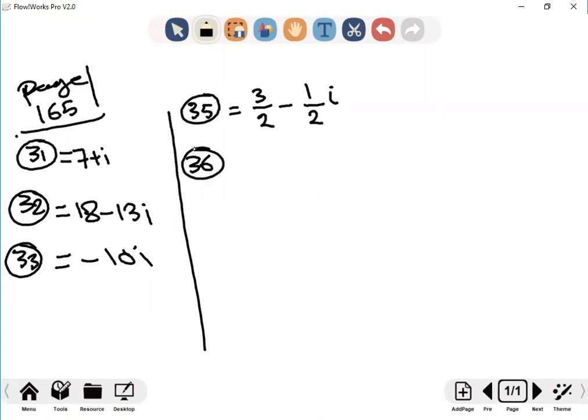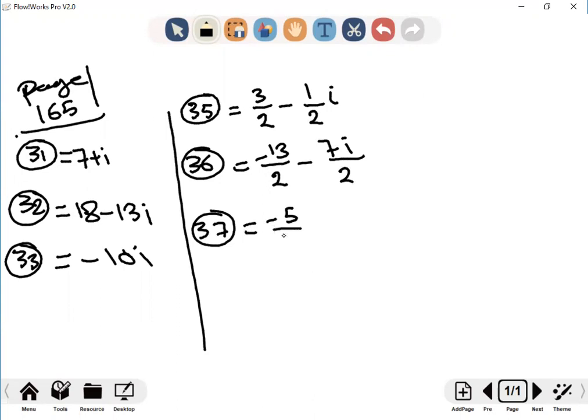Question 36 is negative 13 over 2 minus 7i over 2, or 7 over 2i, the same. And question 37, negative 5 over 3 minus 2i. Right?